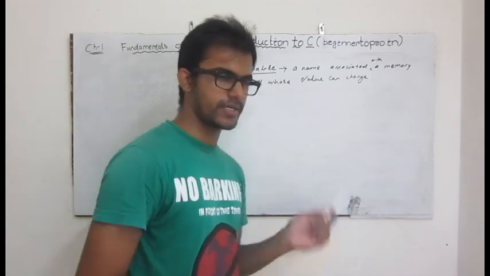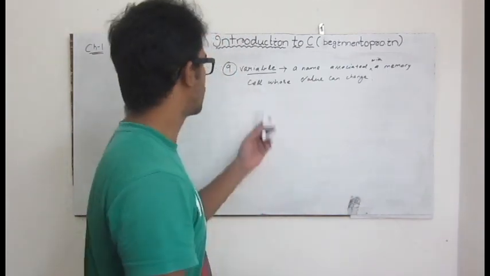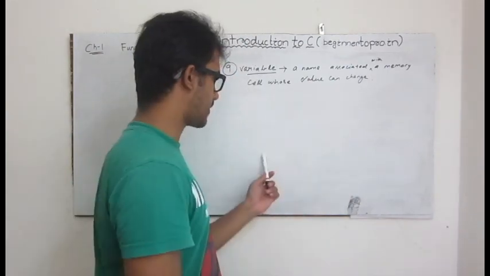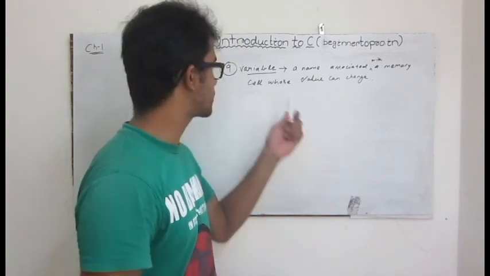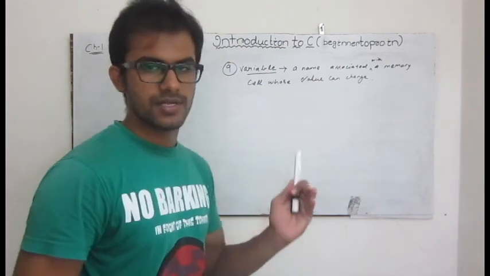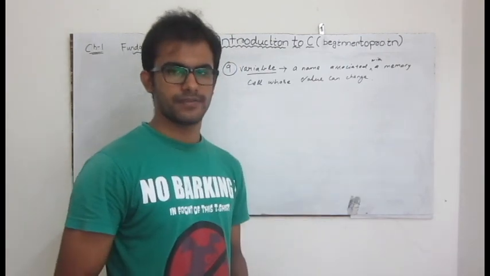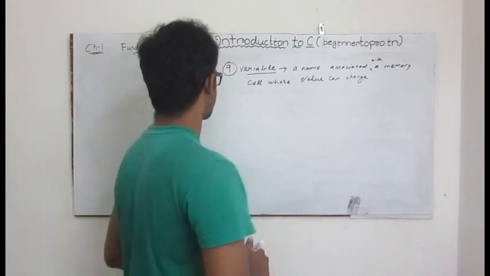As we have already discussed in the programming part, what is a variable? A data type with a name. The name is called the variable, which points to the memory cell whose value can change.